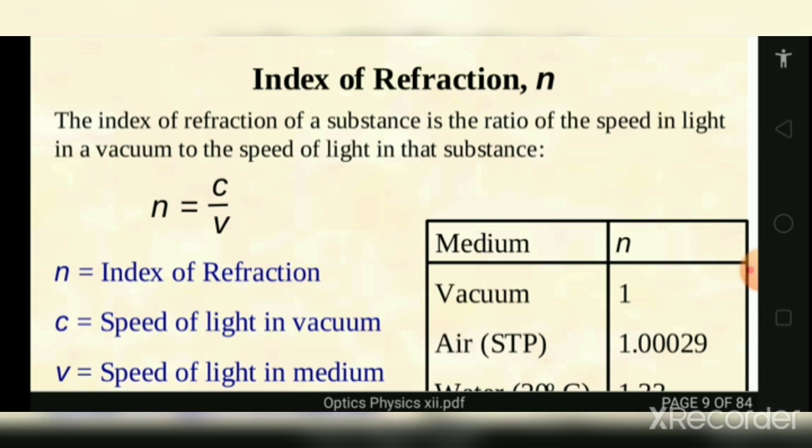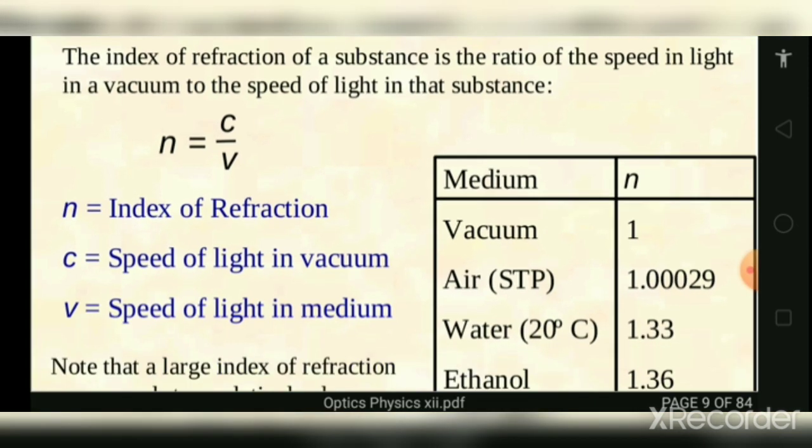The index of refraction of a substance is the ratio of the speed of light in vacuum to the speed of light in that substance. n is equal to c upon v. c is the speed of light in vacuum, v is the speed of light in the medium.